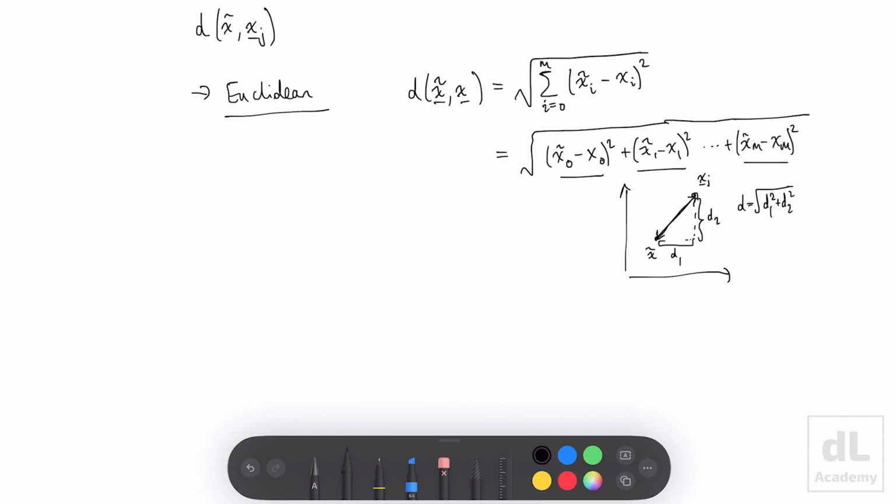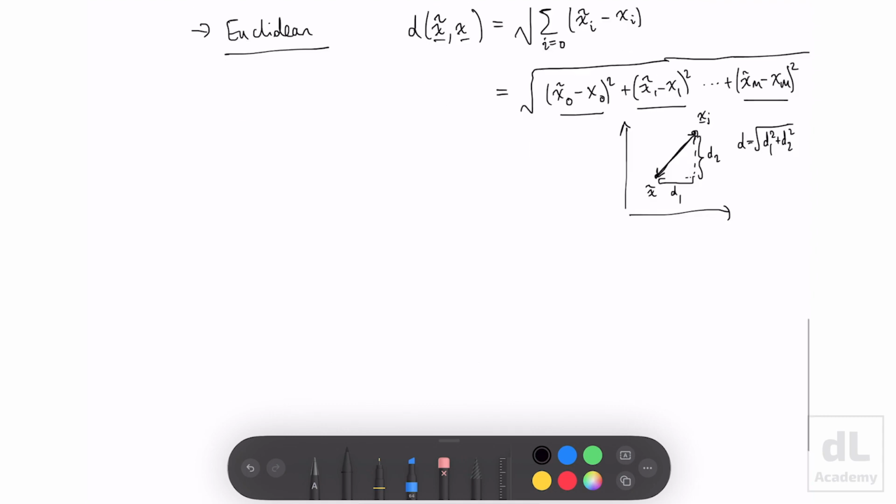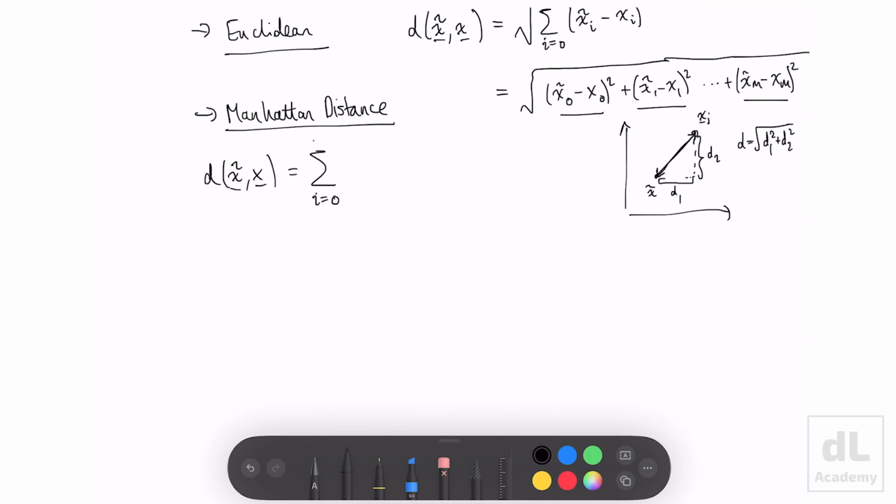There's also something called the Manhattan distance. What we have here is dx tilde between dx, so the distance between the two is now just going to be the sum of the absolute values between the two. So in this case, we write this as x tilde i minus xj i.